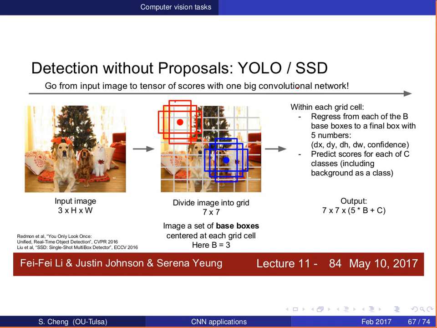So inside this grid, in this simple example, I try a long rectangle, or a flat rectangle, or a square there. There will be more combinations in the actual implementation. And for each of them I will see if there's an object there. If there's an object there, I also try to modify the bounding box, basically doing regression to find the adjustment for the location and also the width and height.